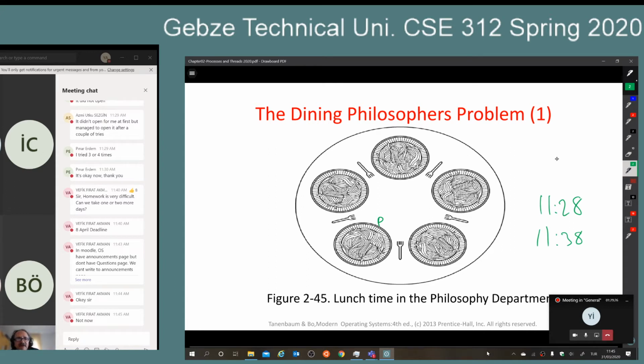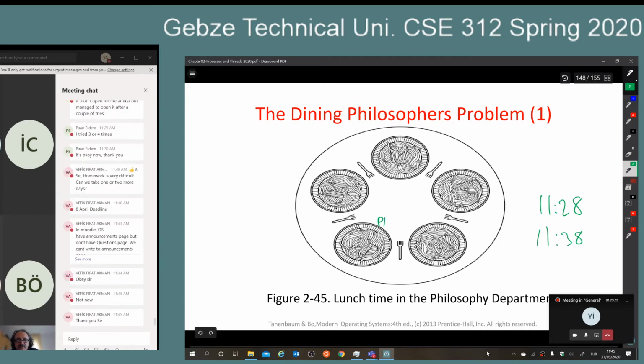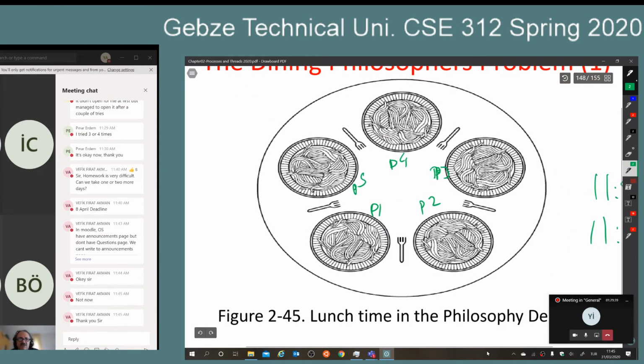So I have process number 1, process number 2, process number 3, 4, and 5. And these are the resources. Let's call them mutexes. This is mutex 1, mutex 2 and mutex 3.